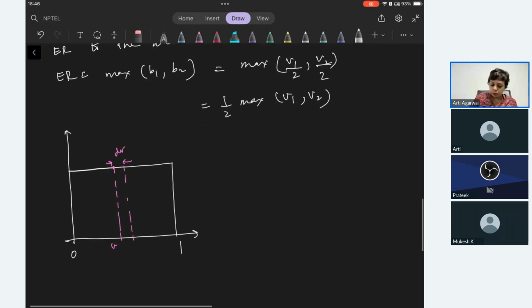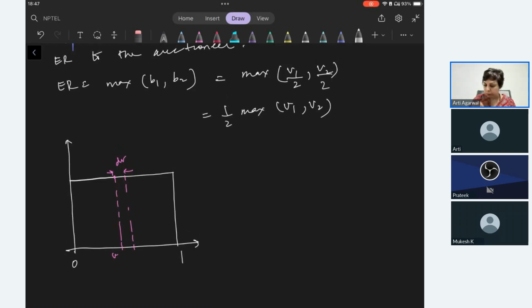So you can write, if V1 is greater than V2 but only a little bit greater, then V2 is lying somewhere between 0 and V, and V1 is only a little bit more, meaning it is lying somewhere between V and V plus dV. Or let me write it more mathematically.